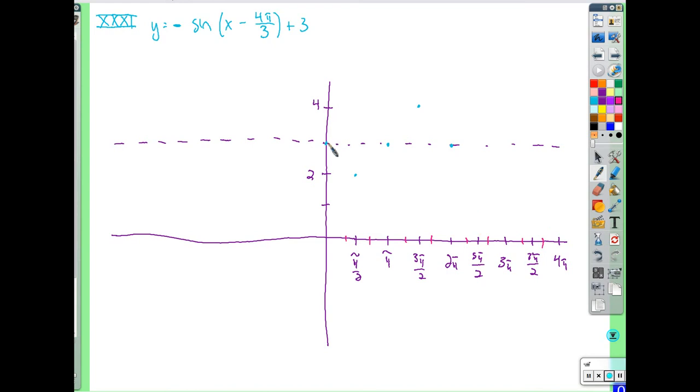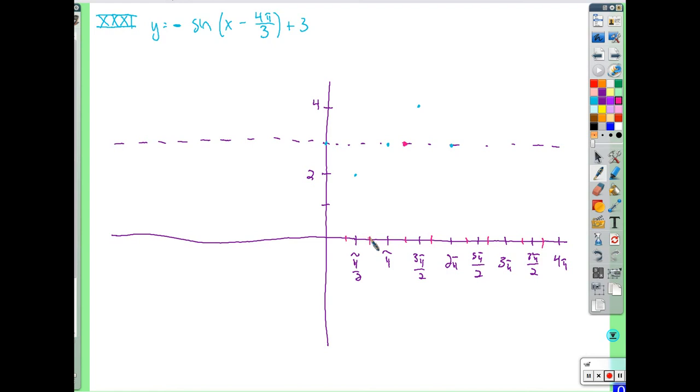So move this over 4 pi over 3, so 1, 2, 3, 4 pi over 3. So that is this guy right here. Then move this guy over 4 pi over 3. 1, 2, 3, 4 pi over 3. Oh, I've counted them wrong. It's already at the pi over 2. So we're going to move it over 4 pi over 3.